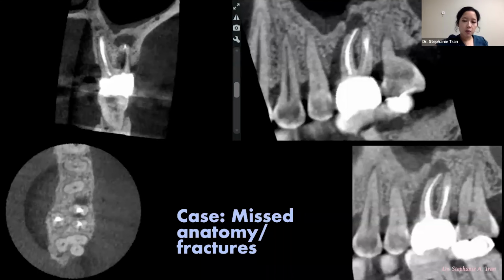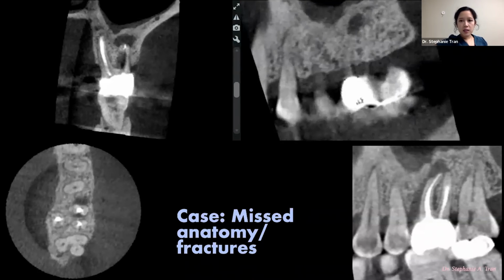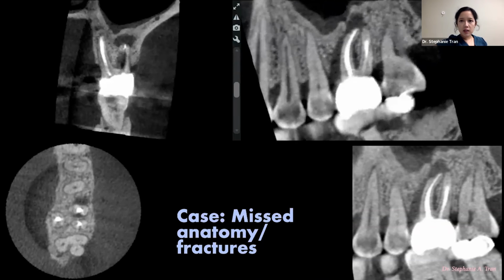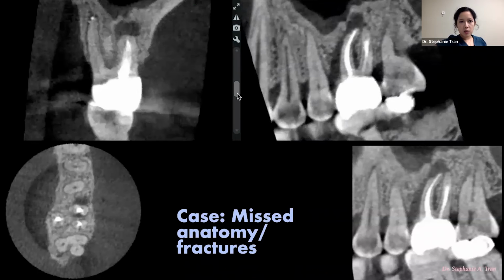All important things to keep in mind and things that we're looking for when we're looking at CT. So we can see here, scanning through it, it's very large and almost perforating the plate of the sinus border. We can see that really large radiolucency on the mesial, so that widened PDL mid-root level that we were concerned about, and apical concerns as well.